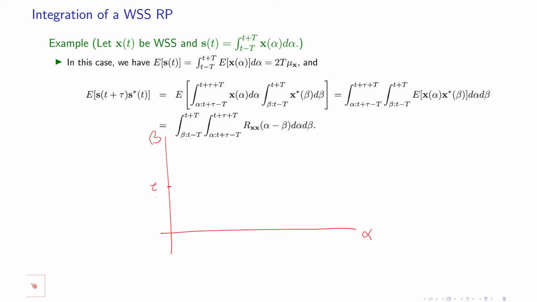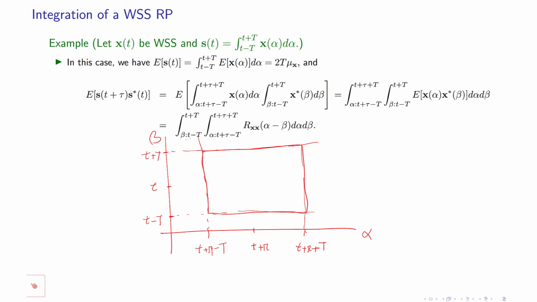Suppose that this is t, and then I have t minus cap T and t plus cap T for beta. And alpha starts at time t plus tau, with the interval from t plus tau minus cap T to t plus tau plus cap T. So what we are doing is integrating over this rectangle, which I will color with blue.